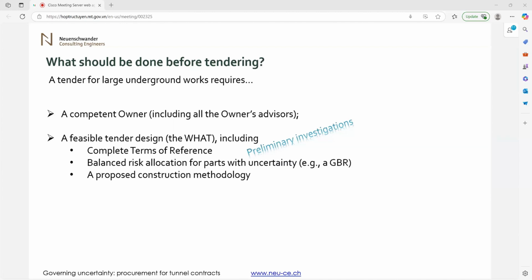So we need preliminary investigations when it comes to a feasible tender design. We need a proposed construction methodology. The employer should be sure that his tender design is feasible, so he should, in his front-end engineering design, also reflect on the construction methodology he wants to suggest.